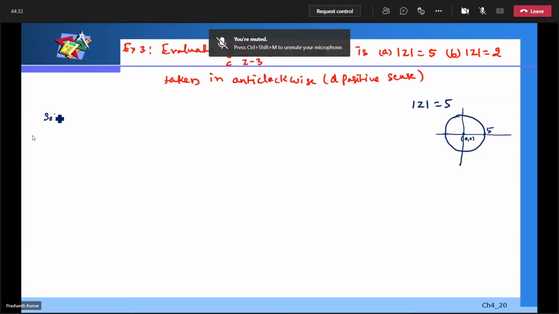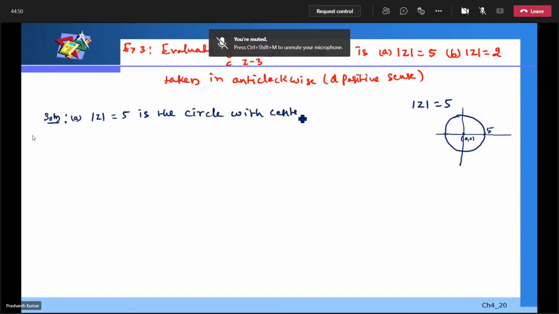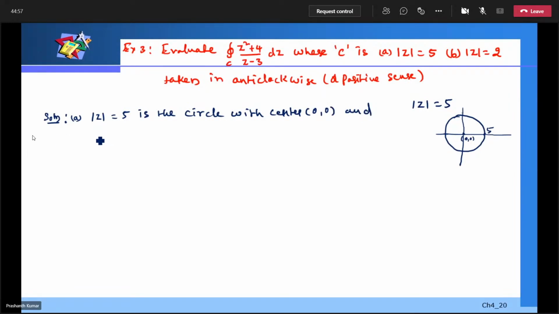First A I am taking: mod z is equal to 5 is the circle with the center 0, 0 and radius 5. Radius 5.